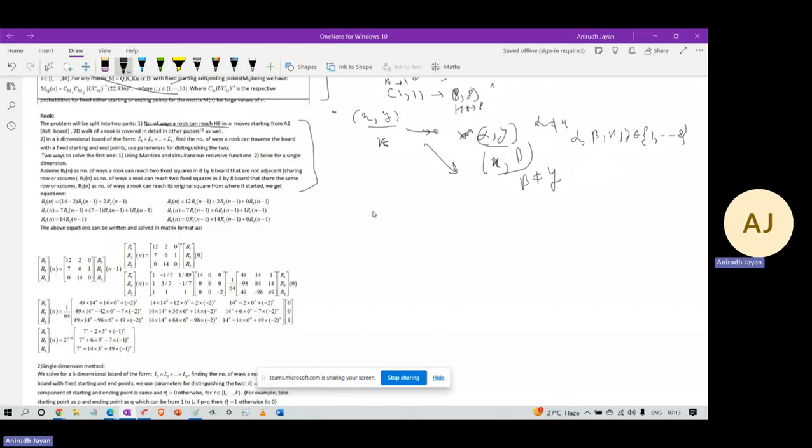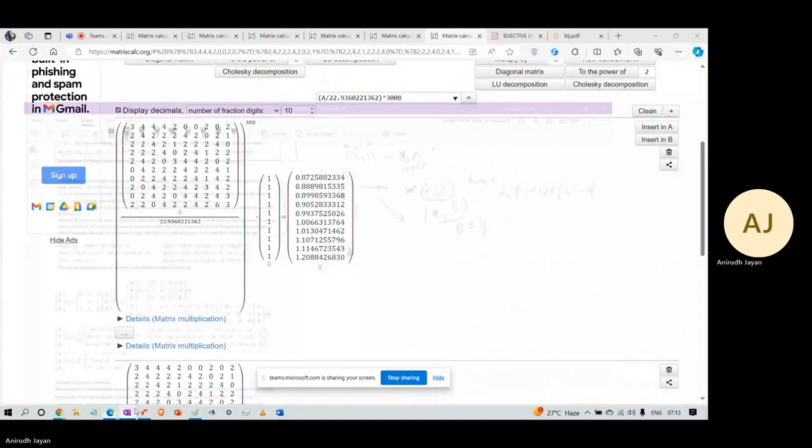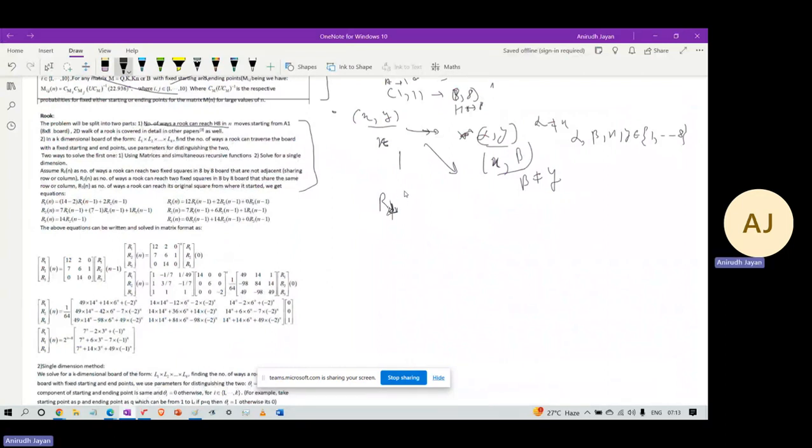Now, one can form 3 functions. R1 of n as the number of ways a rook changes only one of the components in the end.